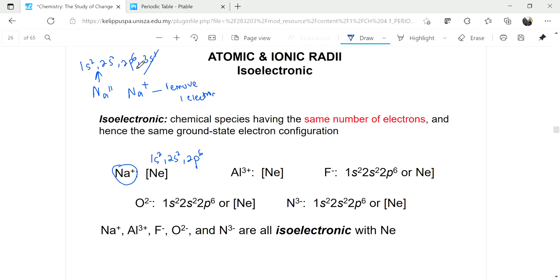So the electronic configuration for the sodium plus ion is similar to that of the neon atom. That's why we call them isoelectronic, because these two chemical species have the same number of electrons and the same electronic configuration.